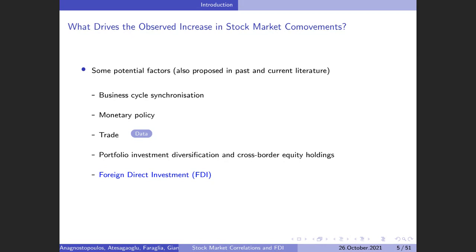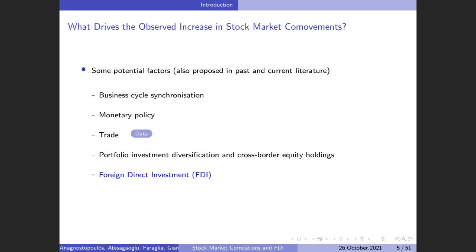We analyze how, if global portfolio investment levels increased, that affects stock market correlations. Mechanically, following the conjecture the literature follows, we try to mimic that in our model, and we show that it does not create enough propagation in correlations.